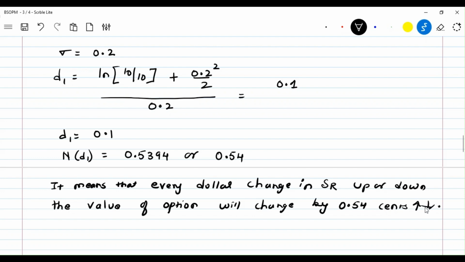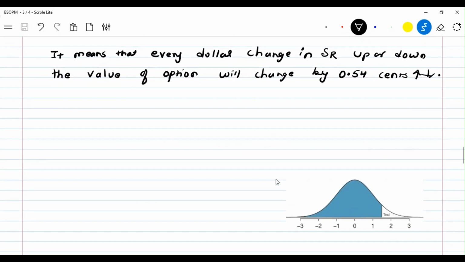That's what the interpretation is, right? Now let's assume what happens if your sigma is increased. The only thing you have to remember is sigma denotes the standard deviation, which denotes the volatility, and the more volatility in the underlying asset, the more valuable the option will be, because it's because of this volatility you have entered into this contract.